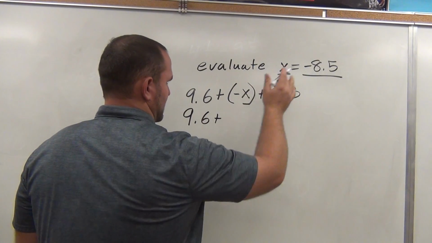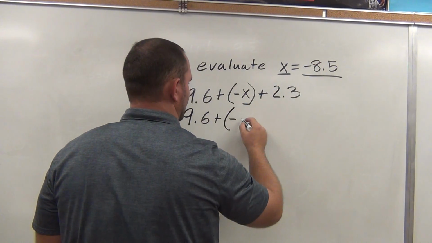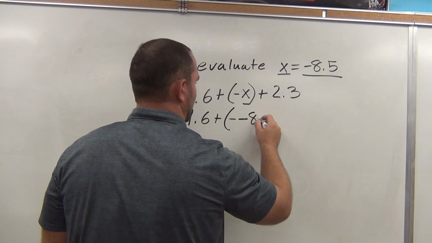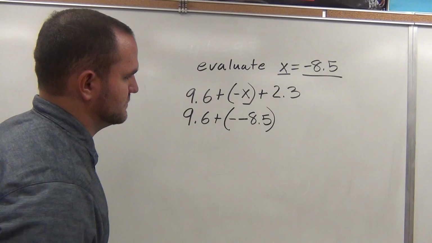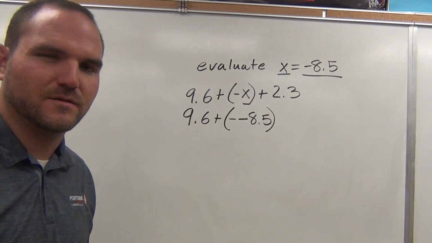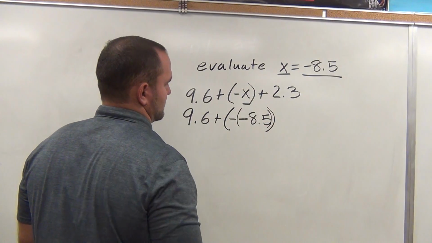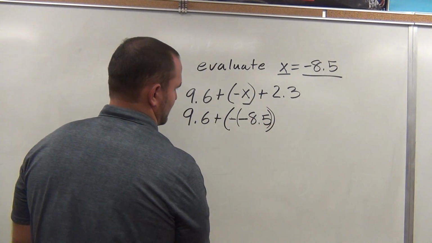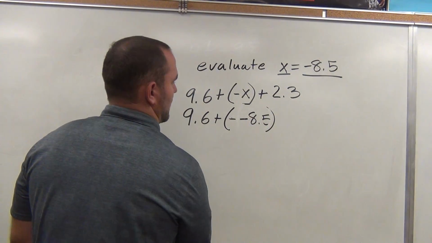9.6, all I'm doing is just substituting this in. Negative, oh, now I have another negative 8.5. Now, what you could do, and I'll try not to confuse you too much, is that when you plug these in, it's now negative times negative. It's up to you, though.